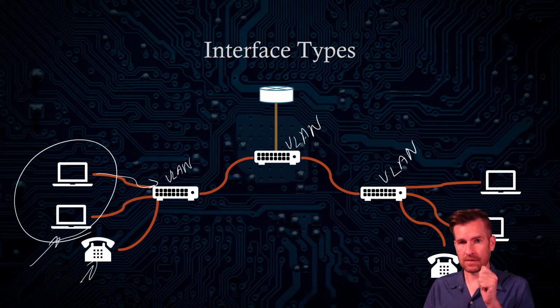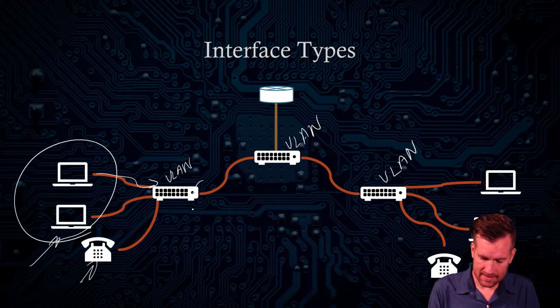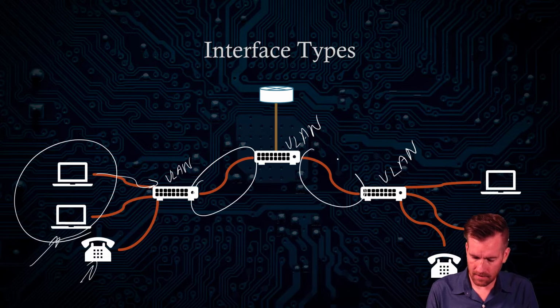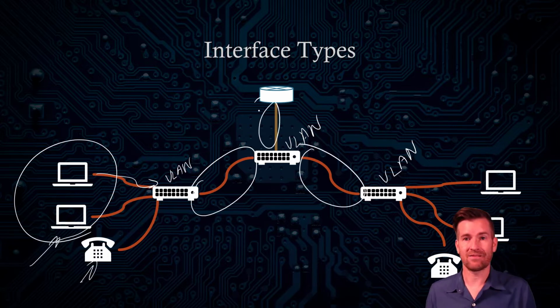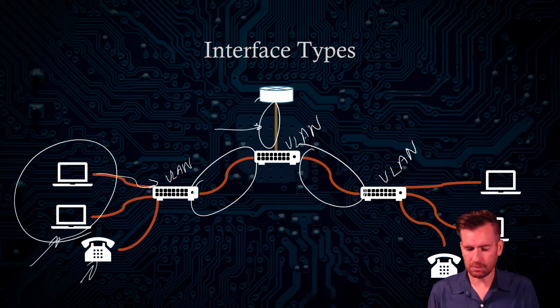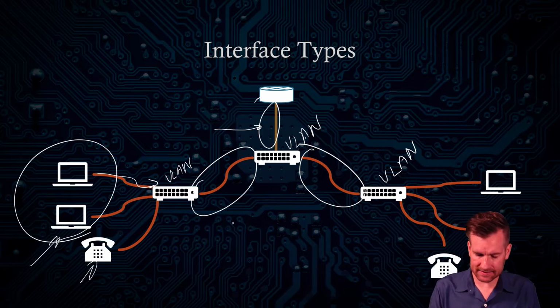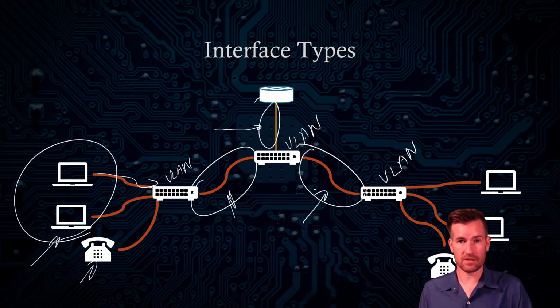The second type of interface is a trunk port. A trunk port communicates from device to device and may have multiple VLANs crossing that path. An example of this is the interfaces between these devices, switch to switch and switch to router, which probably have multiple VLANs communicated across those interfaces.